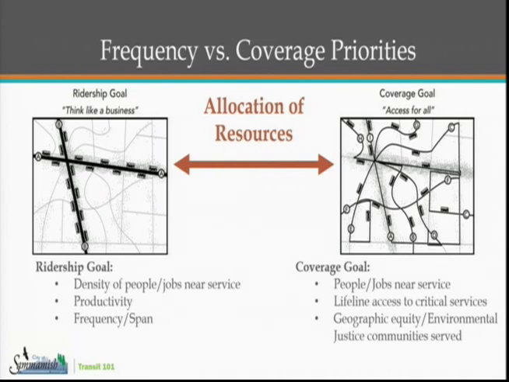On the other side is looking at coverage, and so providing close access, availability of service to as many people as possible, but there is a trade-off. Obviously, as you distribute service further out, it can't run as frequently, and sometimes it's not as useful, but you're able to cover more people who are potentially within walking distance, et cetera. And so different objectives are achieved with these two different allocation approaches.